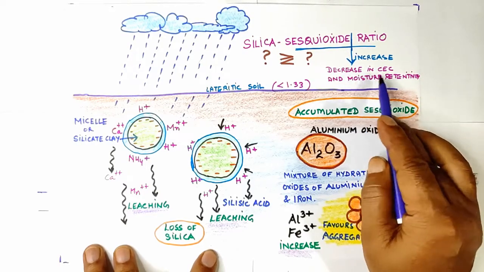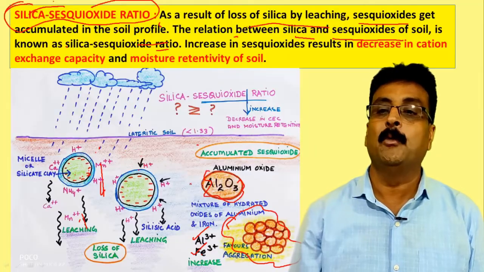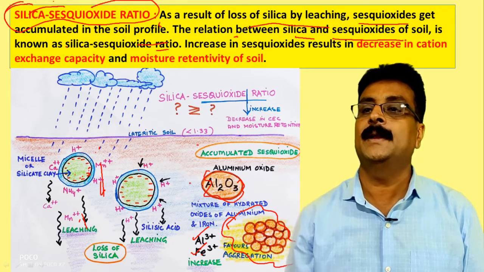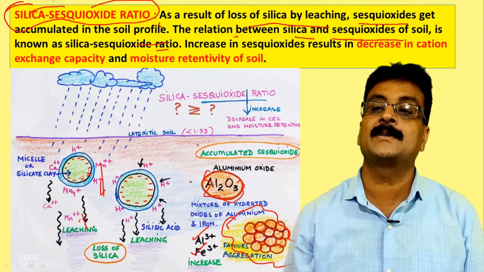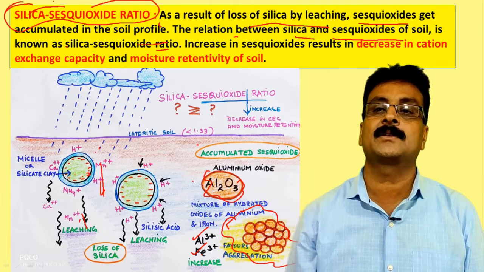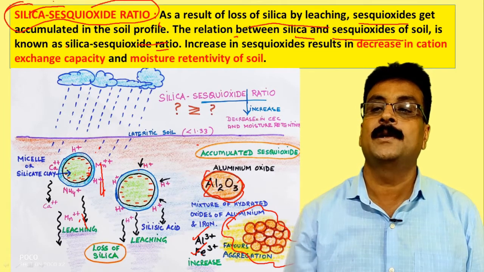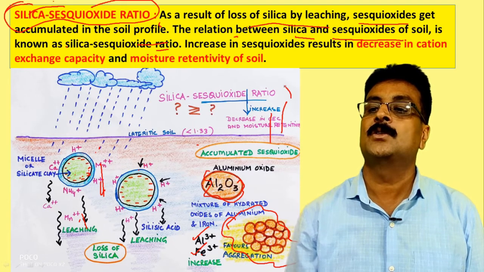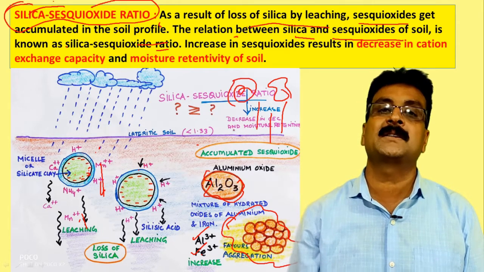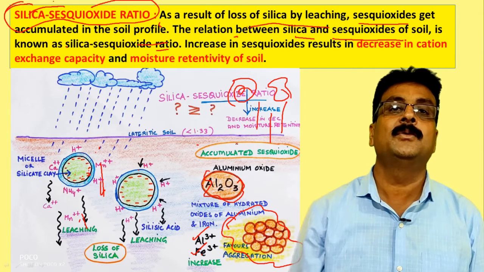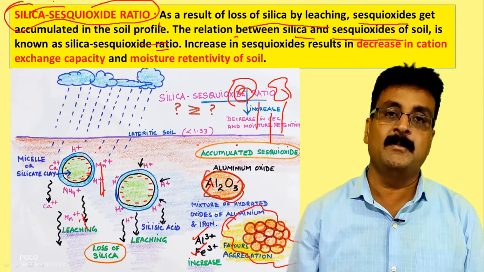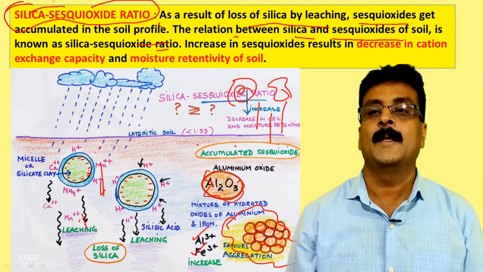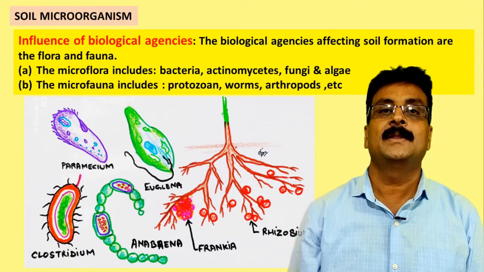So the soil here will be very poor in condition. The increase in sesquioxides results in a decrease in cation exchange capacity and moisture retention capacity. So the vegetation, the trees coming here, is very specific, only a few can come here, like Xylia xylocarpa, otherwise the species coming here will be very poor. So these are the three things to understand in the chemical property.